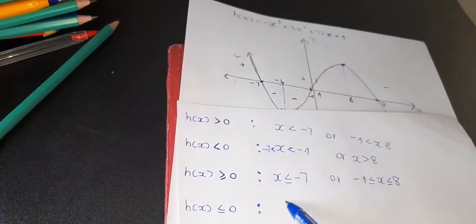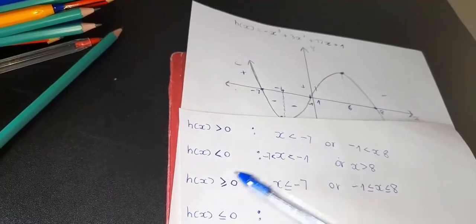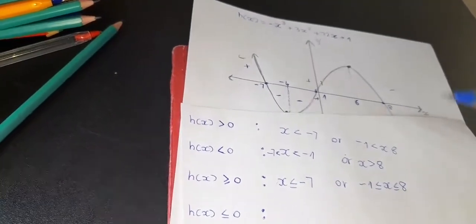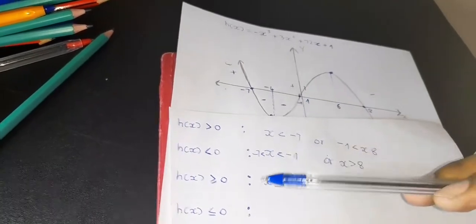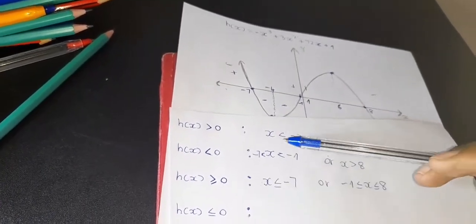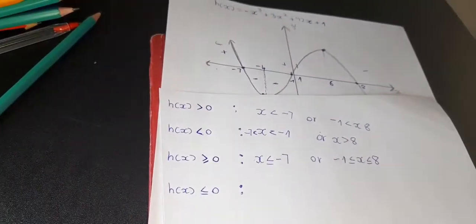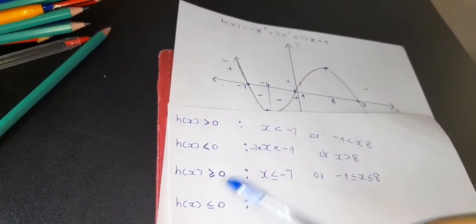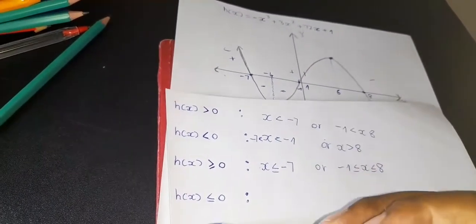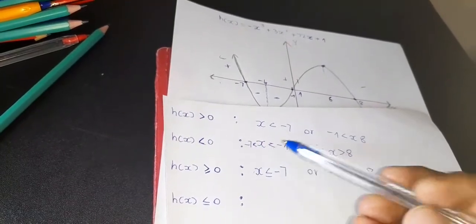But in this question here, we have to include -7 because it asked us to find the x values where the curve here will be negative, will be 0 or less than 0. This is what it means here. Greater than 0 or 0. It can be 0 or greater than 0. And then here it's just the same as this, but we just change the signs.